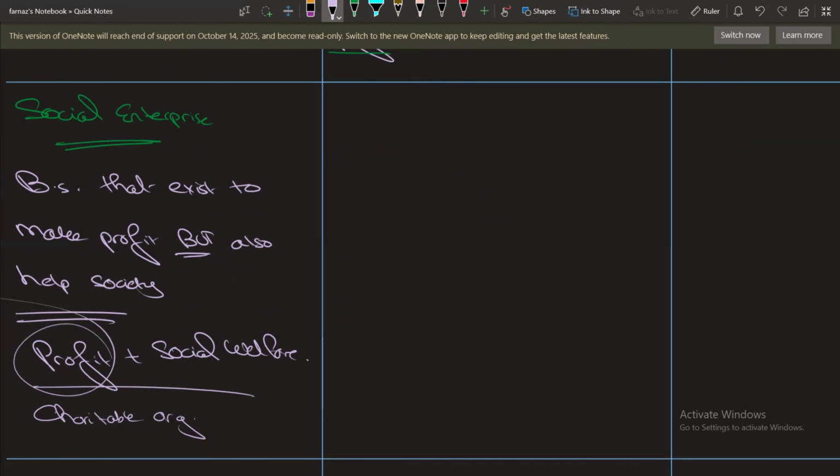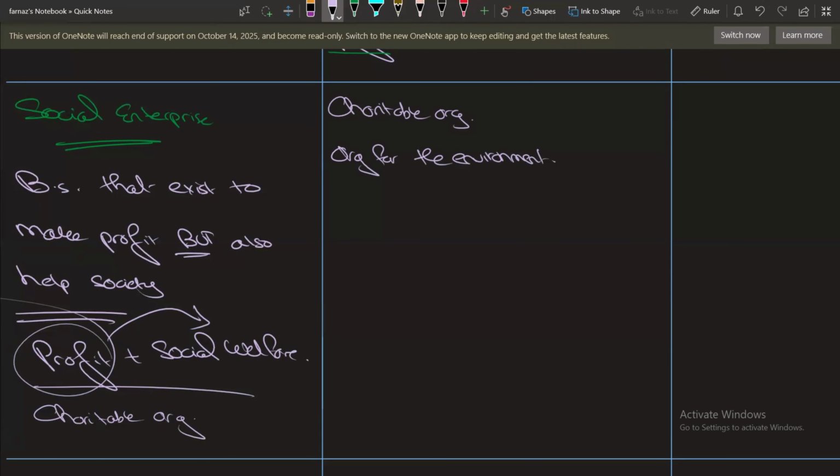They will have to make profit to keep their business running and also do good to people, just like charitable organizations, donation centers, or organizations for the environment, planting trees, etc. But they're still going to charge you something because they want to keep their business running.